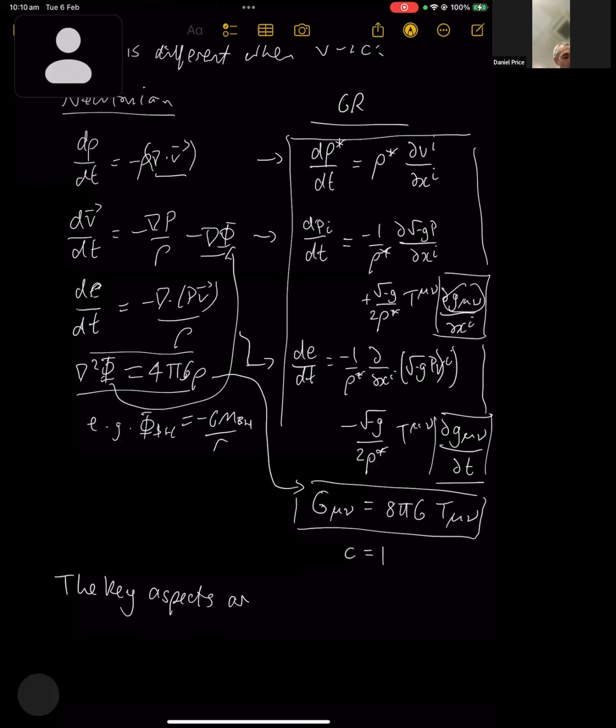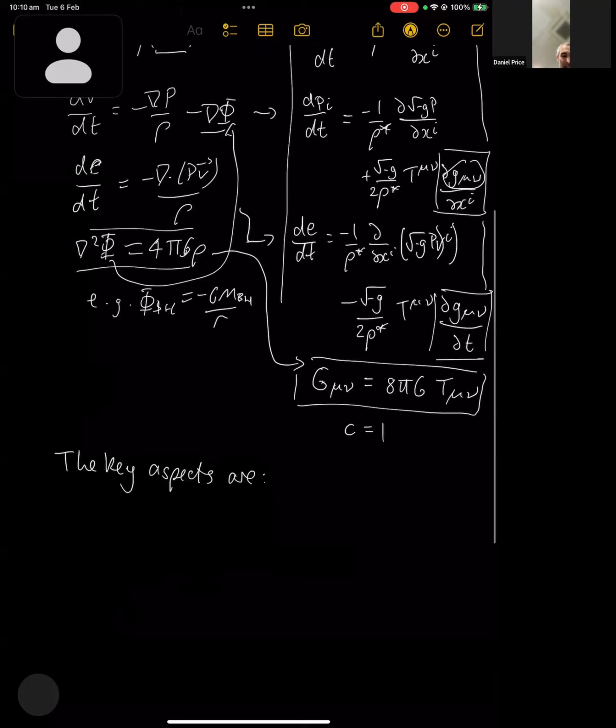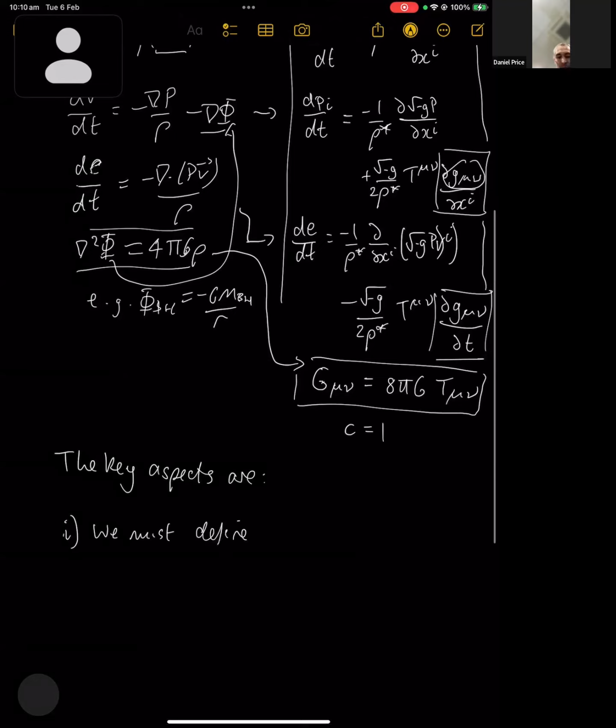So the key aspects are, first of all, we haven't actually defined what these variables are. So number one is we must define the corresponding conserved quantities. So you can think of density, for example, as the conserved mass per unit volume. So the conserved mass, momentum, and energy.